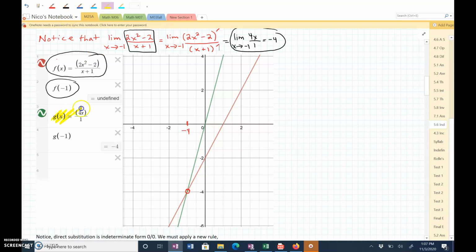Notice that when we took the derivative of this function, we got this function. So that would be here. The function is slightly different than the original function. But now when we plug in x equals negative 1, we can figure out that that's going to be negative 4.